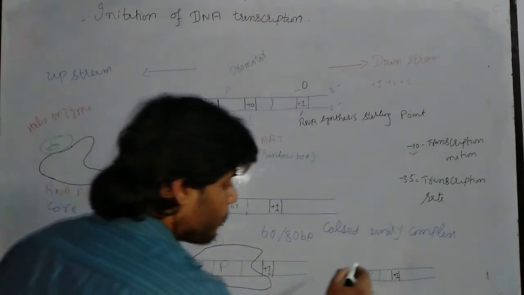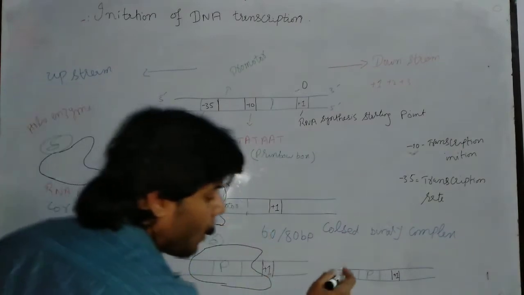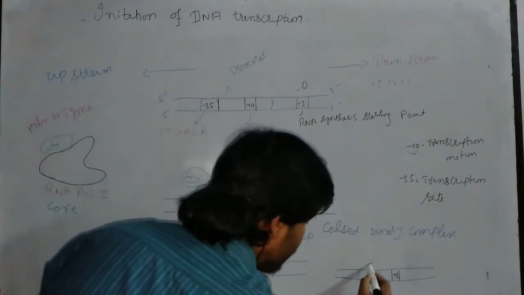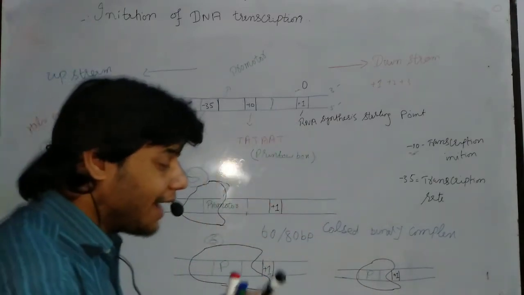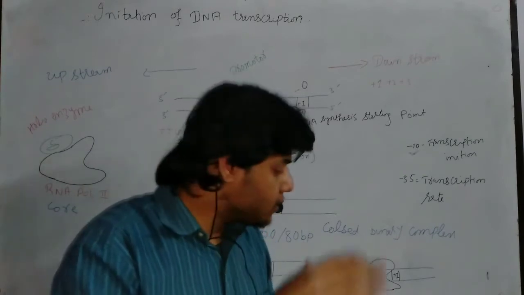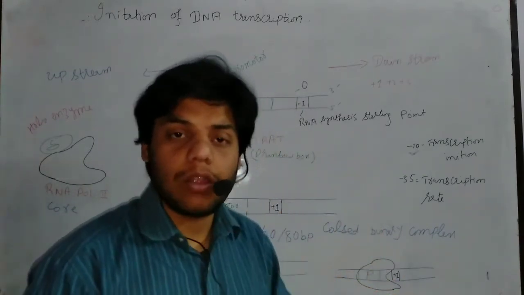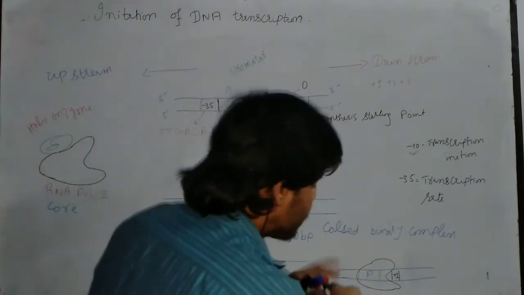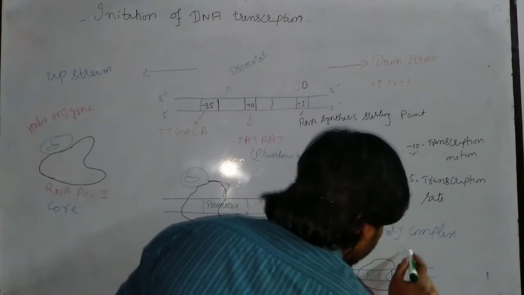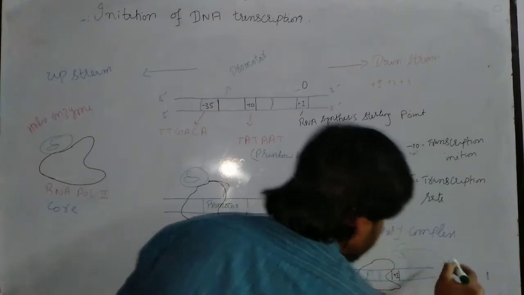So remember, when the sigma factor is released or removed, the structure of RNA polymerase becomes small again, or it goes back to its original position. So the RNA polymerase becomes small again, as you can see, because the sigma factor is released from here.